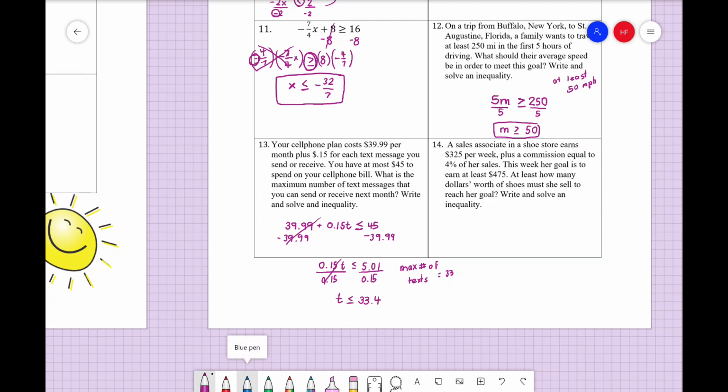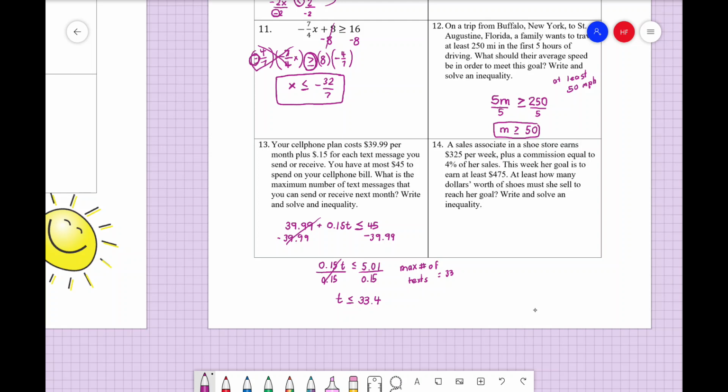14. A sales associate in a shoe store earns $325 per week plus a commission equal to 4% of her sales. This week, her goal is to earn at least $475. At least how many dollars worth of shoes must she sell to reach her goal?